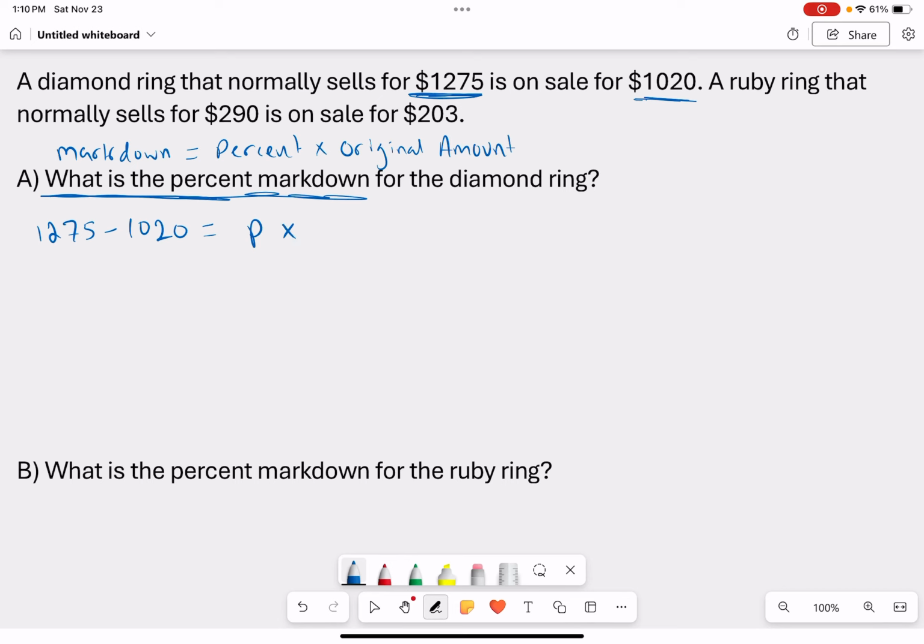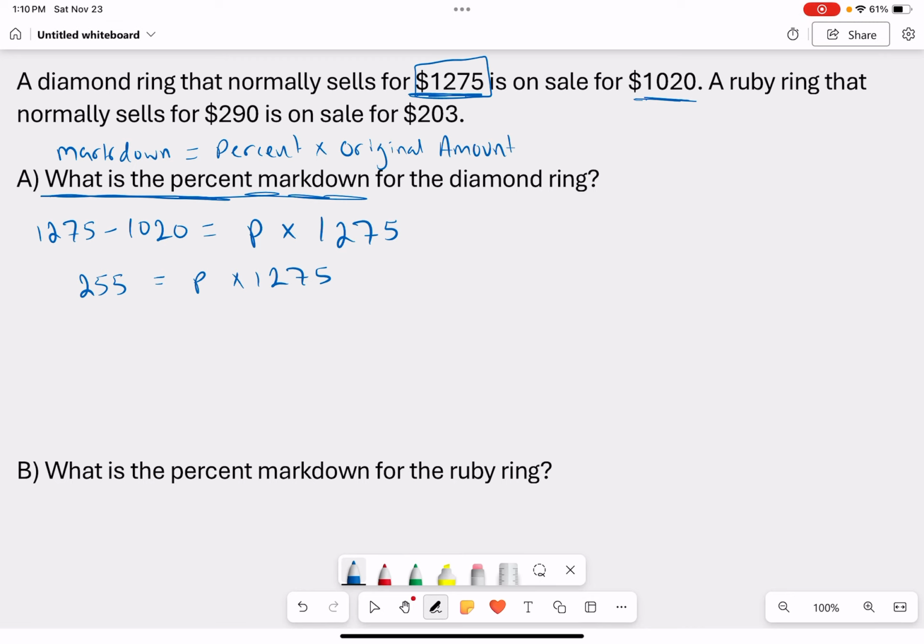Well, what is the original amount? The original amount, as I stated before, is $1,275. Now we figure out what that markdown is, or the change in values. So 1,275 minus 1,020 is going to equal $255. That is equal to P times 1,275.